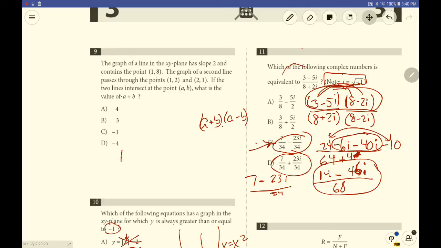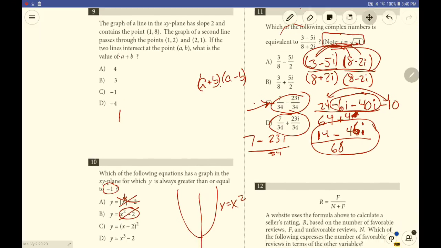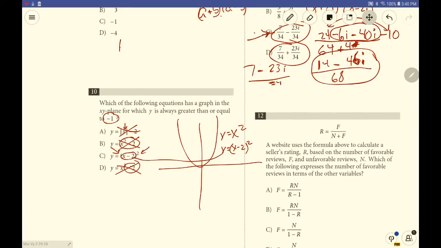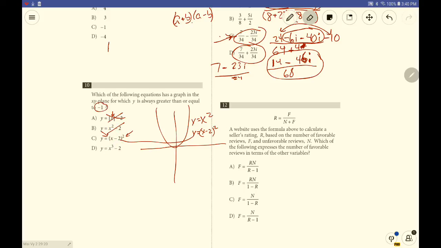Number 11 is about taking a complex number fraction and rationalizing the denominator by being able to multiply by what's called the complex conjugate, although you don't need to know that term. Number 10, being able to look at this expression and see which one is never below negative 1. So A, let me make a little room here.